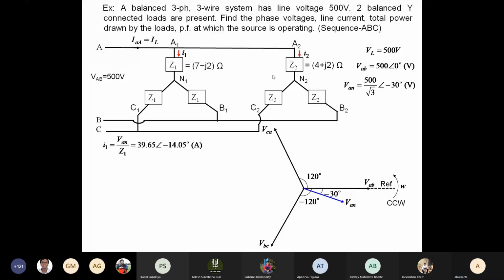The Z1 value is given, VAN is there, you get I1. Say Z1 is 7 minus J2, so it will result in a current that will lead or lag the phase voltage?